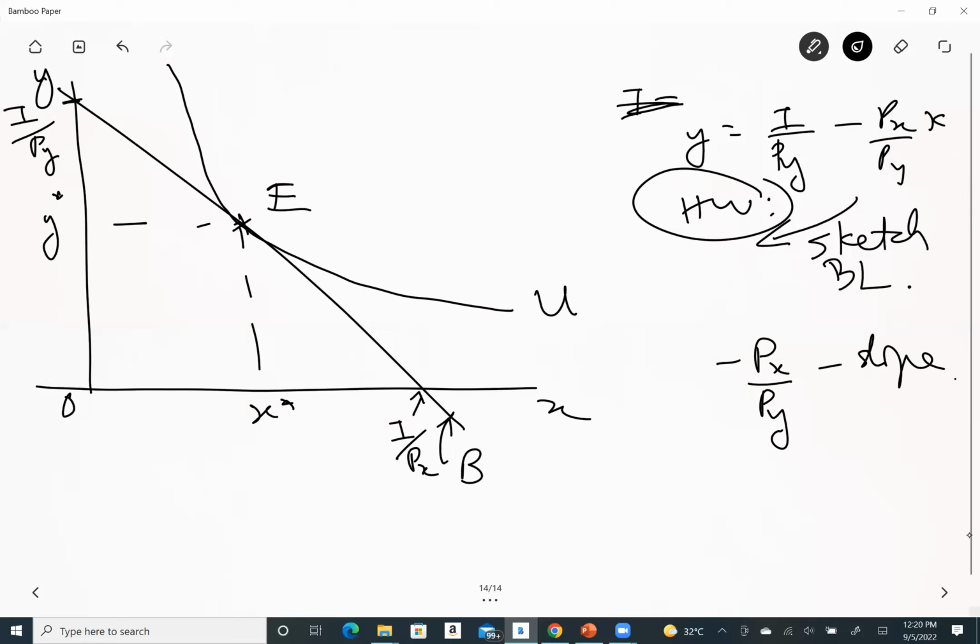But for now, since we are going to look at the effect of a subsidy, I'm going to denote the equilibrium by certain numbers. So E0, X0, Y0. So that B is B0, that U is U0. Now, suppose the price of X goes up.